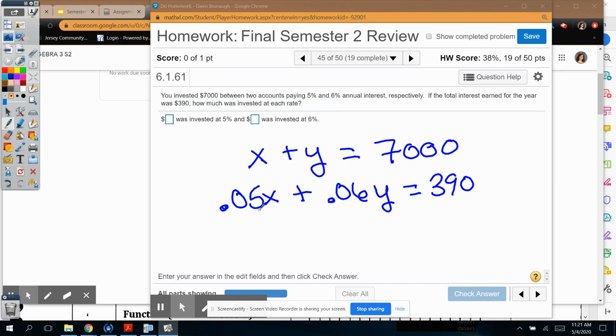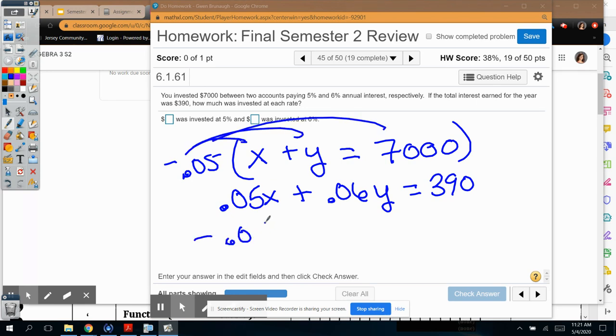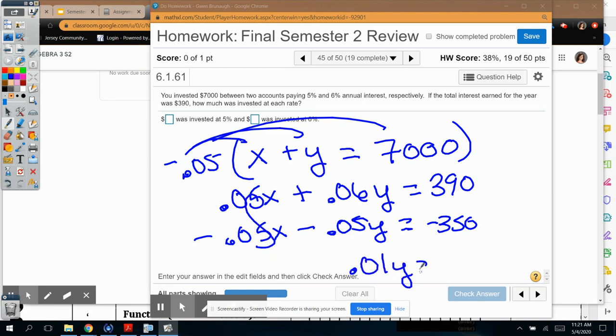So x is the 5% and y is the 6%. I'm going to multiply the whole entire top by negative 0.05, and that will eliminate the x's. So negative 0.05x minus 0.05y, 7,000 times negative 0.05 is negative 350. And I get 0.01y equals 390 minus 350.